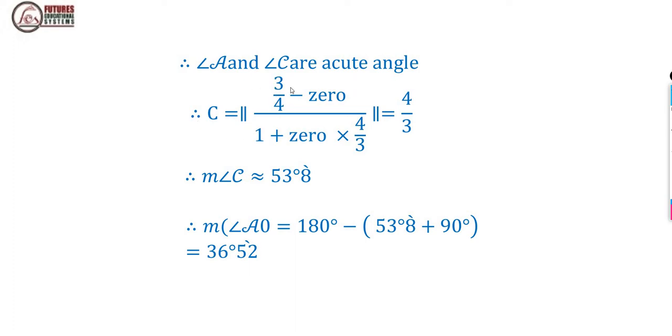Tan C equals the slope minus slope, 3 over 4 minus 0 over 1 plus 0 times 4 over 3. The result is 4 over 3.